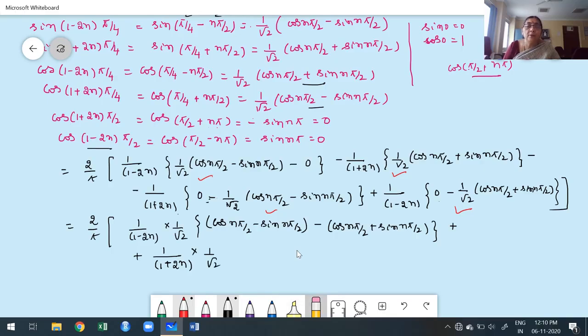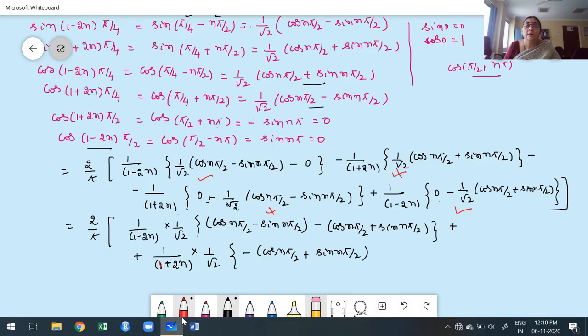Observe the cross term. You take common factor 1 by root 2 into 1 by 1 plus 2n. It's common. Write the remaining term. What's the remaining? Minus of cos of n pi by 2 plus sin of n pi by 2.